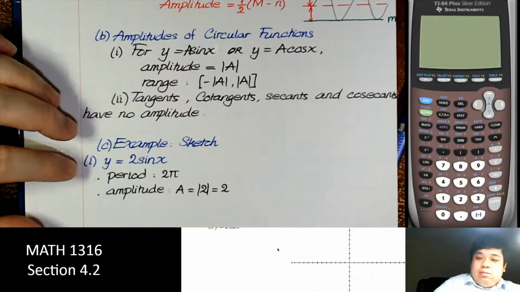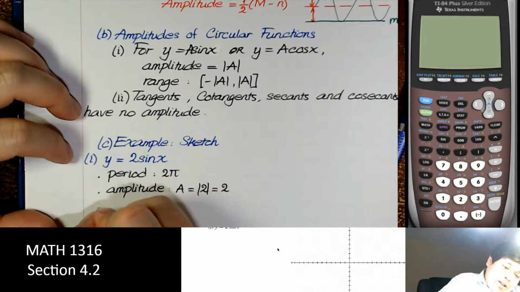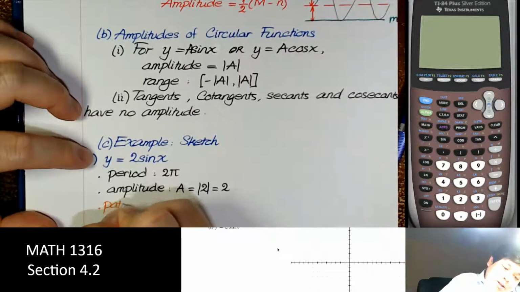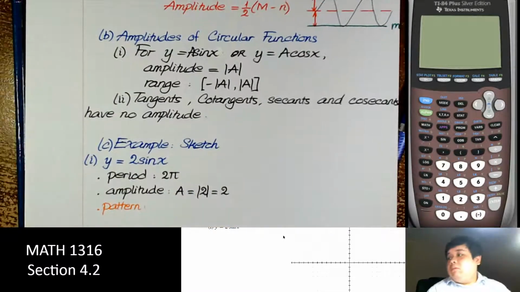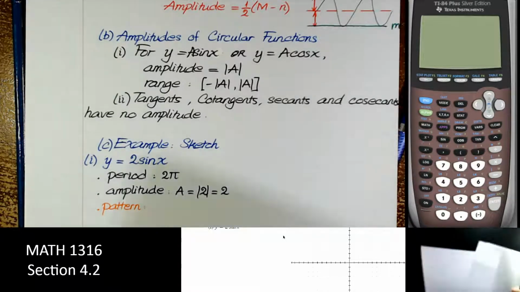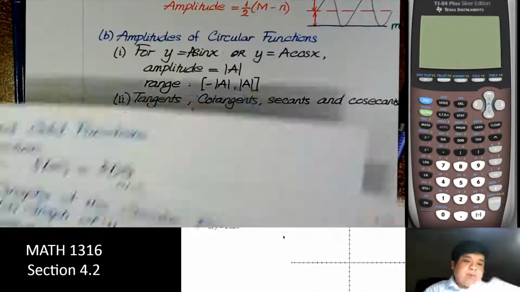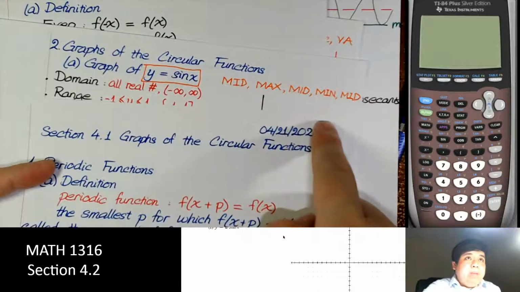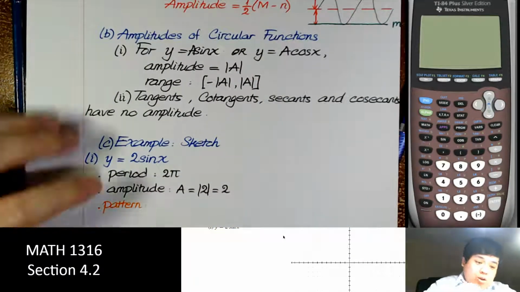And then what we need for the sine is the parent, cosine: middle, max, middle, min, and middle. That is very important. Pretty much we need that to graph.